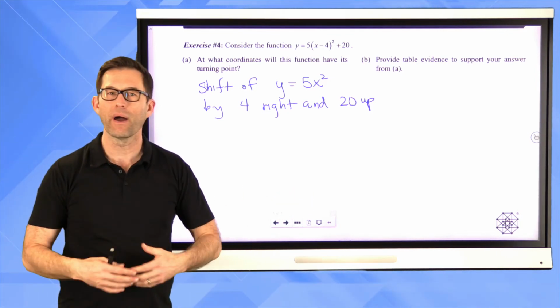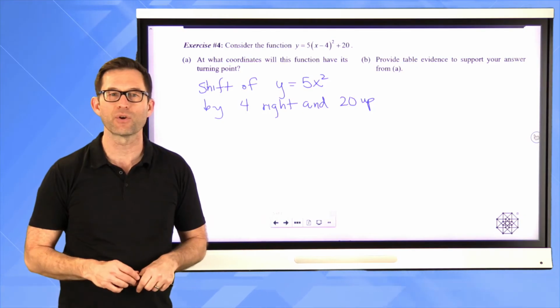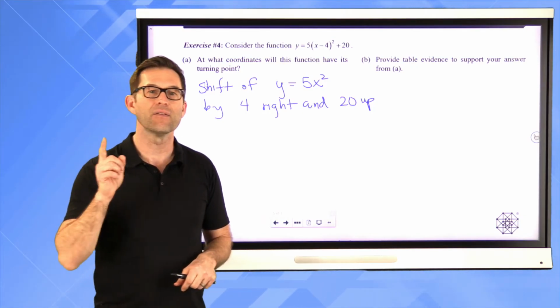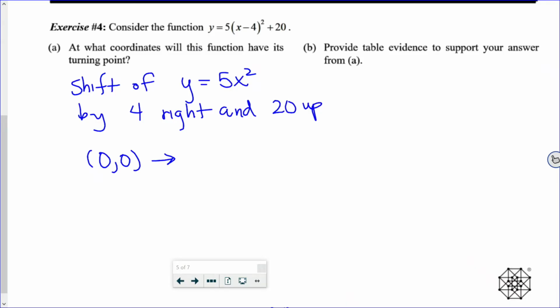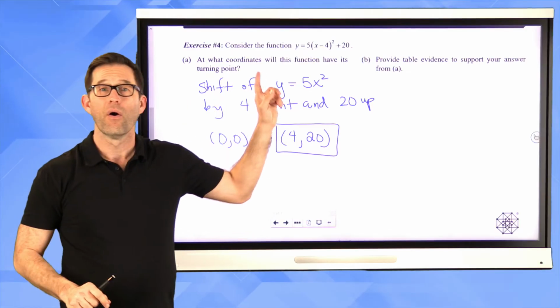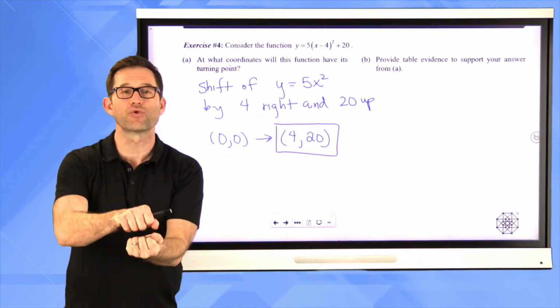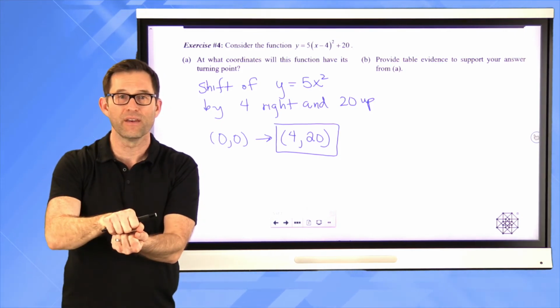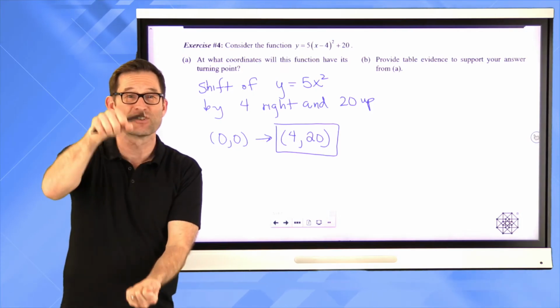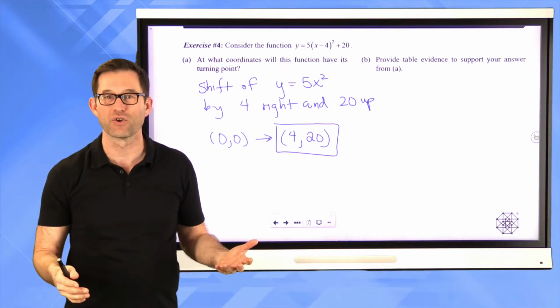We've seen that. y equals ax squared always will have a turning point right at the origin. And therefore, the point (0, 0) ends up at the point (4, 20). The 5, all the 5 is going to do is stretch our function vertically or compress it. Well, in this case, the 5 is going to stretch it. It's not going to compress it because it's larger than 1.